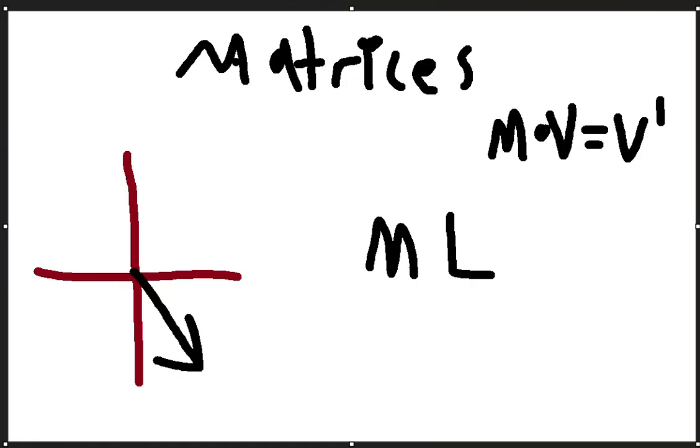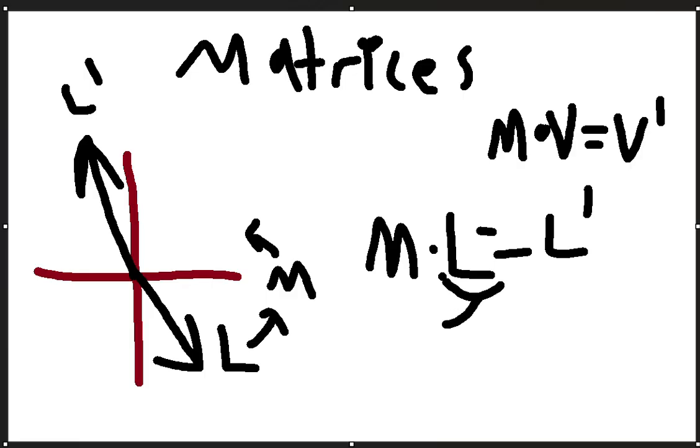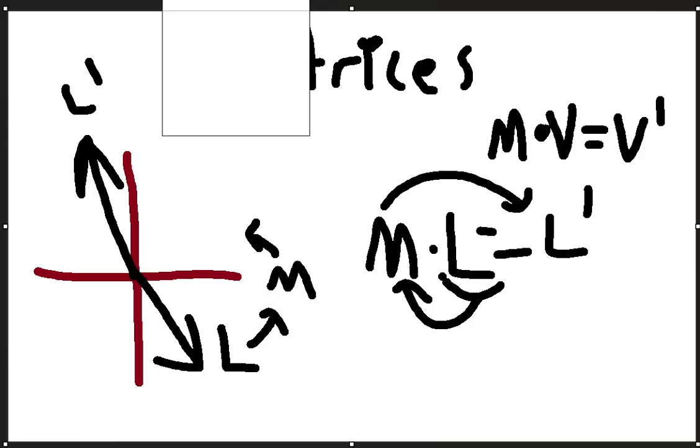We'll call this L. It can go through a matrix and point in this direction and become L prime. And there's really not much to this. What you have to understand is that matrices can take a vector, you can insert it into the matrix and insert it out, and it creates a new vector.